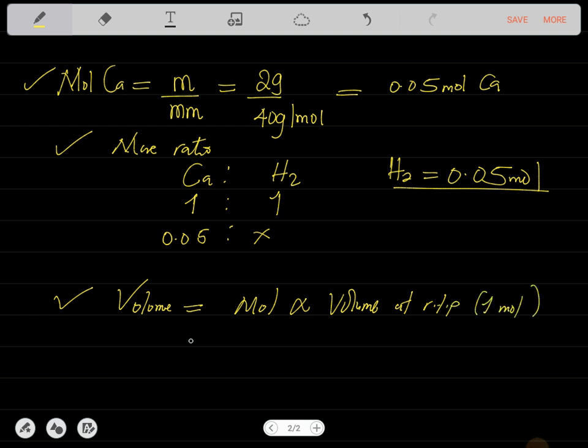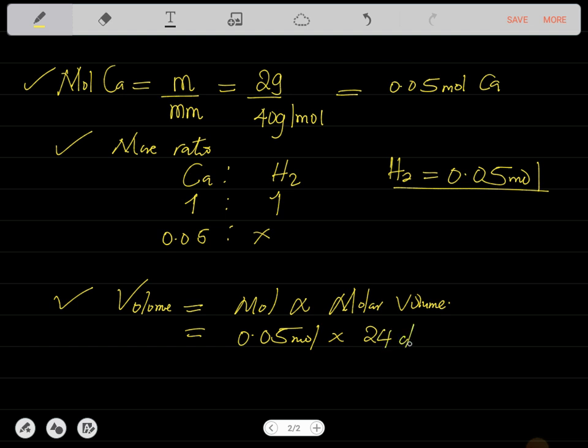All right. Now, the number of moles given here is just 0.05 moles. Then what about the molar volume in short? Let me simplify it to molar volume. The molar volume at RTP is actually 24 cubic decimeters. So we put 24 cubic decimeters. This one you need to know by heart.